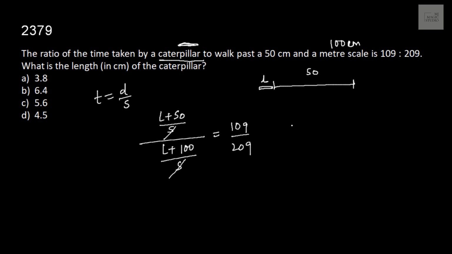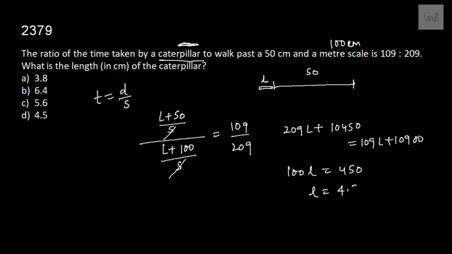Now if we solve this, you'll get 209 L plus 209 into 50, which is 10450, equals 109 L plus 10900. 209 minus 109 is 100. L equals 450 by 100, so L equals 4.5 centimeter.